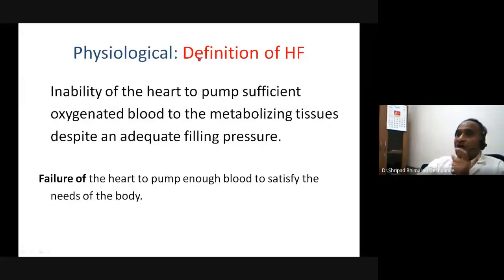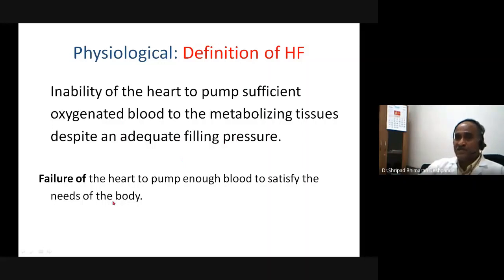Physiologically, how do we define heart failure? I make it simple here. It is inability of the heart to pump sufficient oxygenated blood to the metabolizing tissues, despite adequate filling pressure. So that means we have the decreased pump function, and the filling pressure is normal.